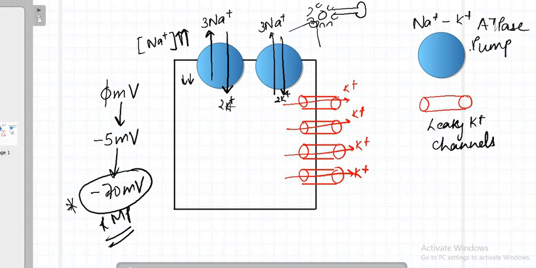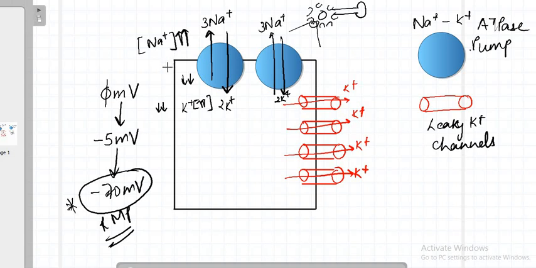On the other hand, if we talk about K+, K+ concentration is more inside, and outside it is less.